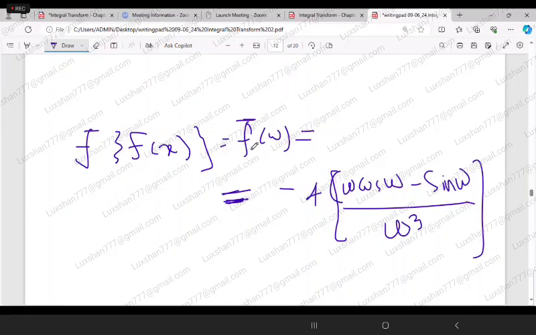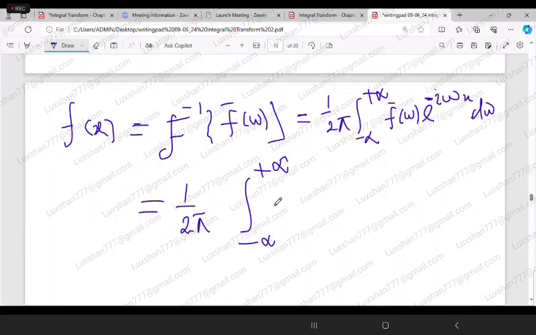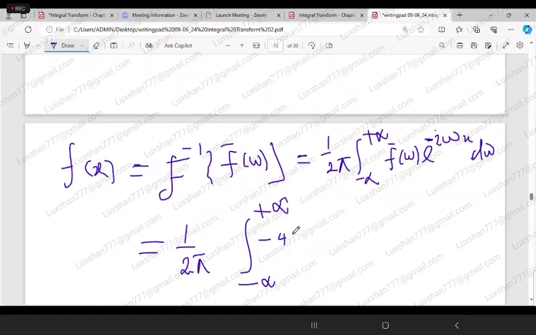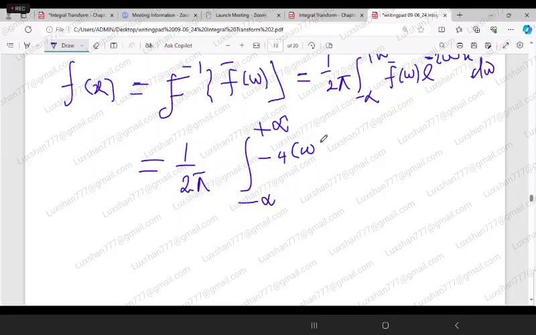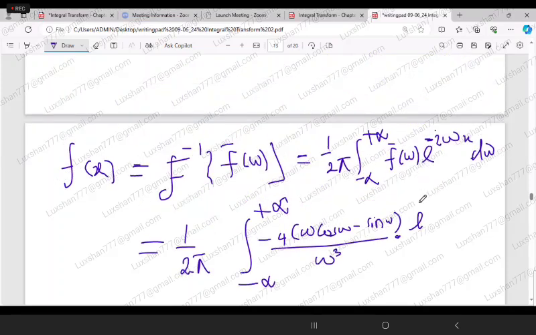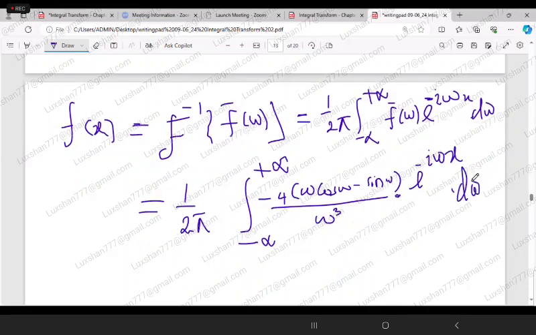This is f bar omega. So I am going to put that one: minus 4 times omega cos omega minus sin omega over omega cubed, into e to the power minus I omega x, into d omega.